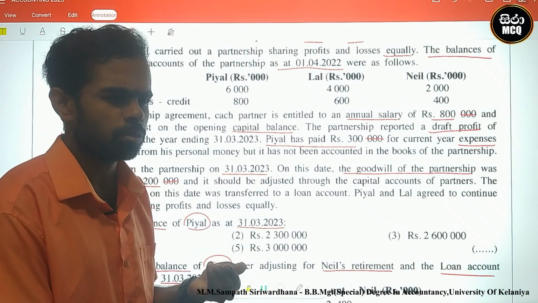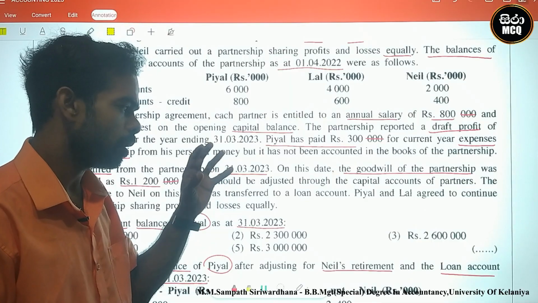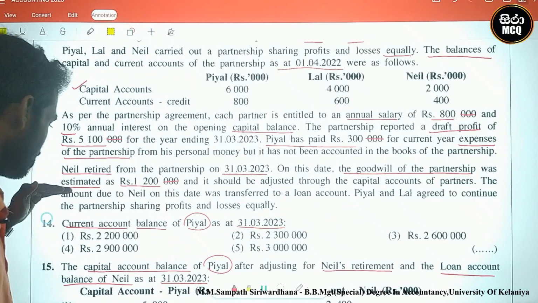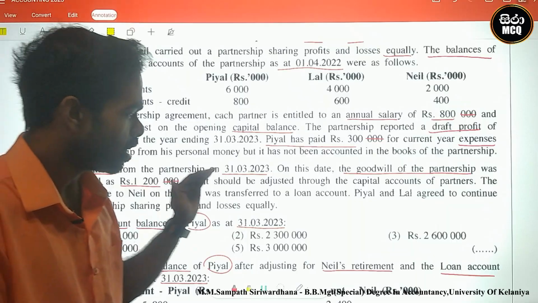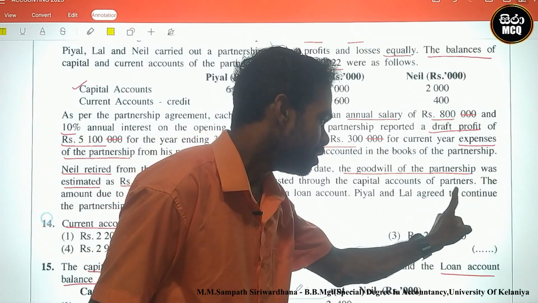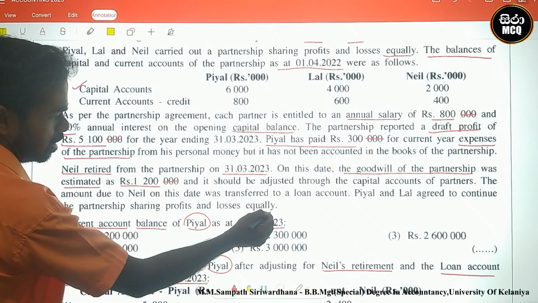There is a payable amount. Some amounts are collected from the capital accounts and current accounts. PL and Lal agreed to continue the partnership sharing profit or loss equally.